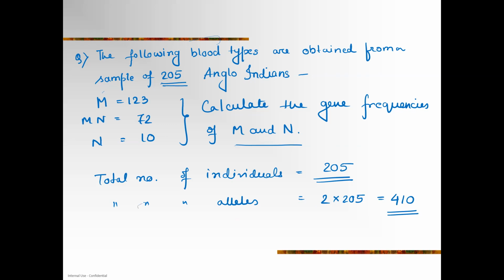Now see. M alleles will be equal to what? 123 into 2, which is 246. Yes or no? Wherever you have a doubt, please stop me.